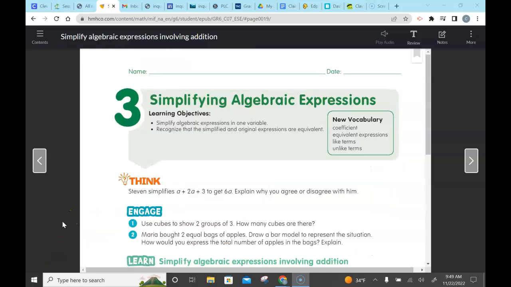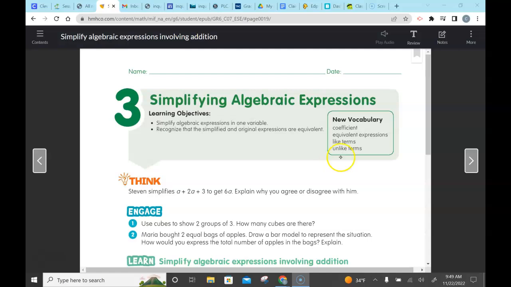Something else we're going to explore throughout this video are called like terms and unlike terms. Okay, so we can see that like terms are terms that have the same variables with the same corresponding exponents. So we'll be able to take a look at this. For example, a and 2a would be considered like terms.